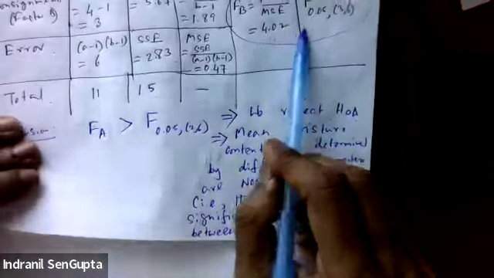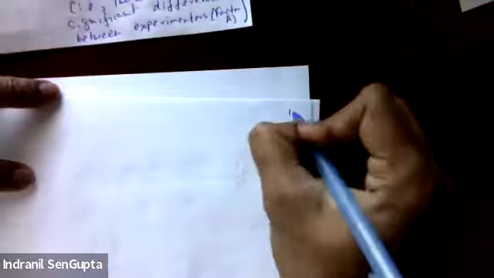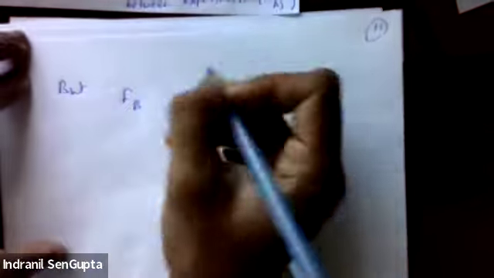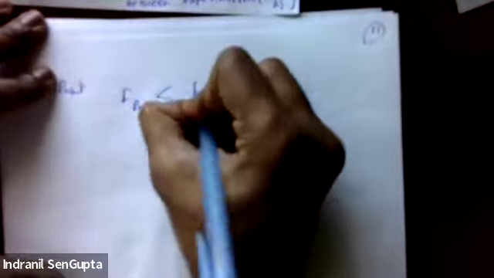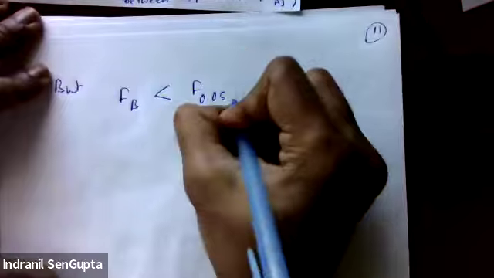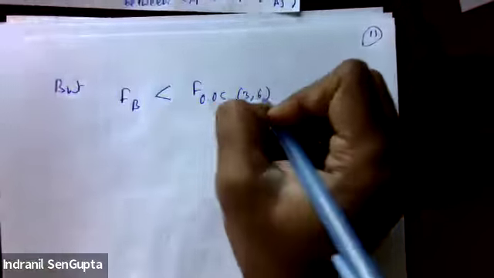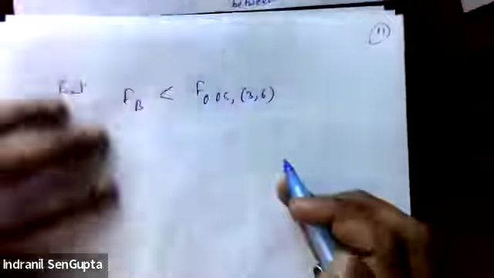What about the other one? For the other one, FB is less than F 0.05, so this was 4.02, this is 4.76.